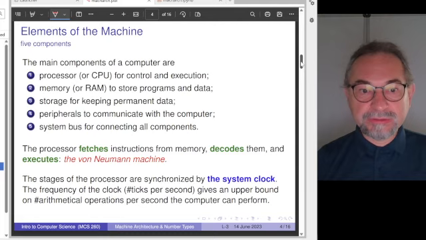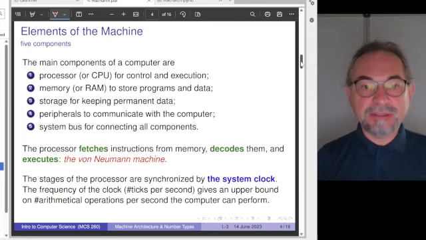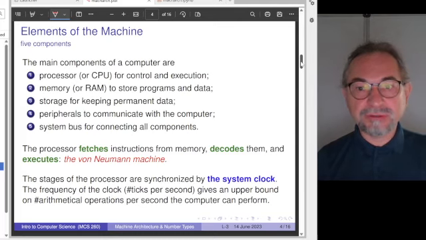What is important, what characterizes the von Neumann machine, are the fetching of the instructions, decoding of the instructions, and the execution of the instructions. These are the stages that are regulated by the system clock.